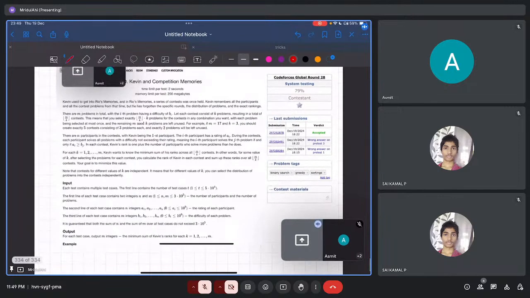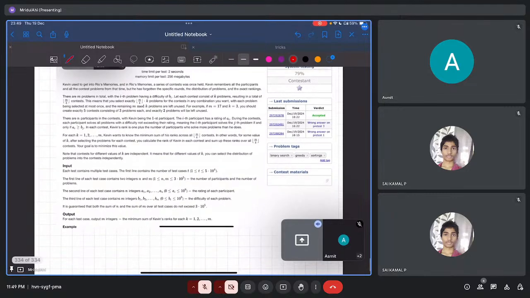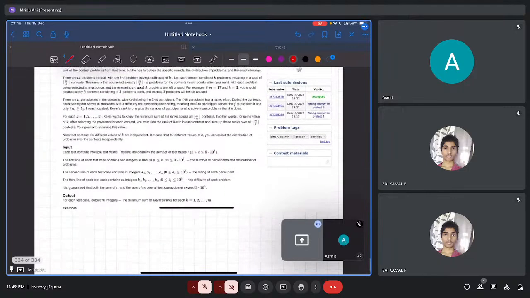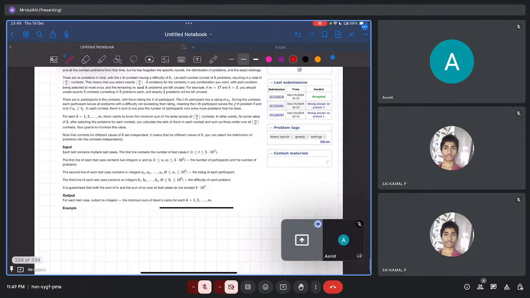Sorry, we have to make floor of m by k contests with k problems in each contest and discard the remaining problems. And in each contest, we find the ranking of the first participant and sum them up.